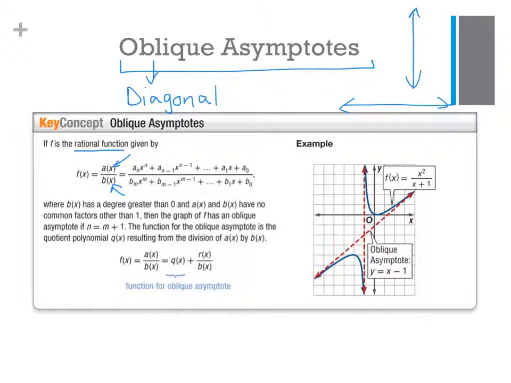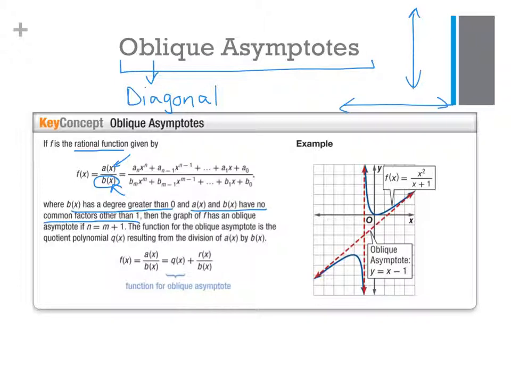Now, there's some other qualifications here in order to have an oblique asymptote. First of all, b of x has to have a degree greater than 0. So the bottom polynomial has to have a degree greater than 0.